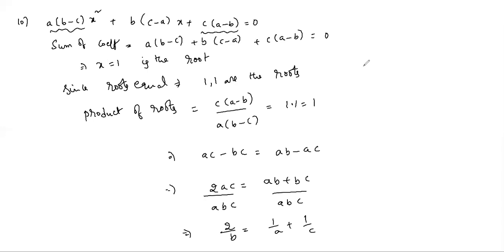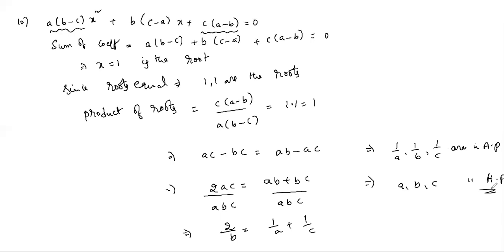That means 1 by a, 1 by b, 1 by c are in AP. 2b equals a plus c. So 1 by a, 1 by b, 1 by c are in AP means a, b, c are in HP. So a, b, c are in HP is the correct answer.